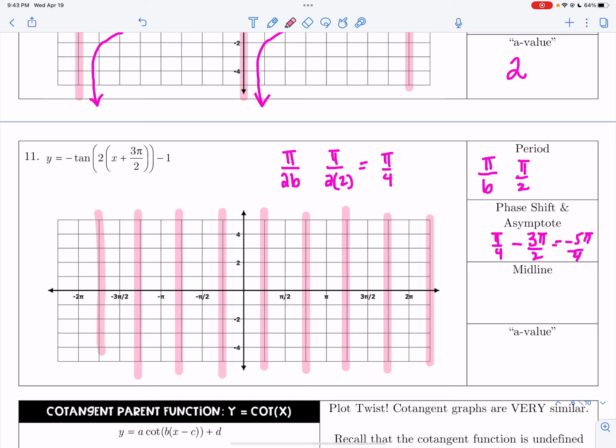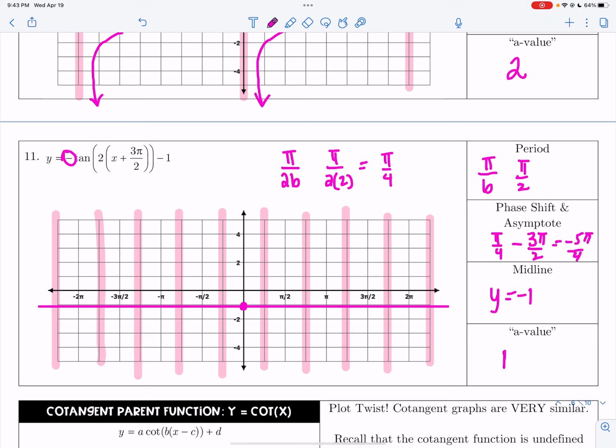That's fine. I have a midline at -1. Then I'm just going to pick a point on a section. And my A value is 1.